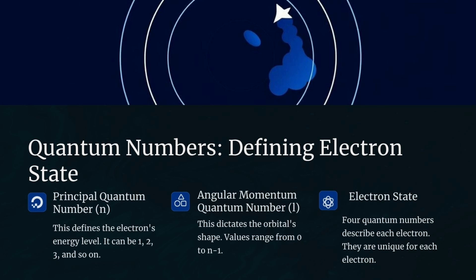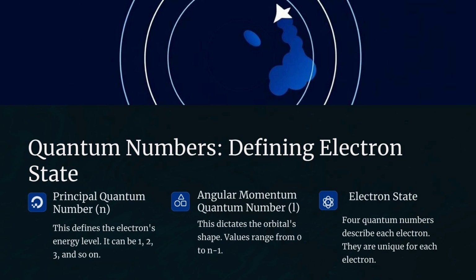Higher values of n indicate higher energy levels and greater distance from the nucleus. Think of it like a shell in the Bohr model but with a probabilistic interpretation.